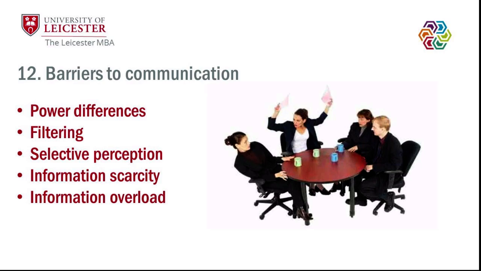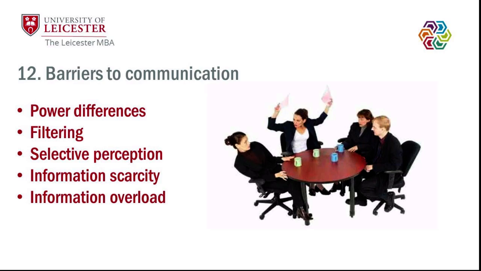Information overload. Most of us can only process a limited amount of information. And when the information that we receive exceeds our processing capacity, we experience information overload. In these situations, we have more information than we can usefully process. We're unable to recognise what is useful and what isn't.